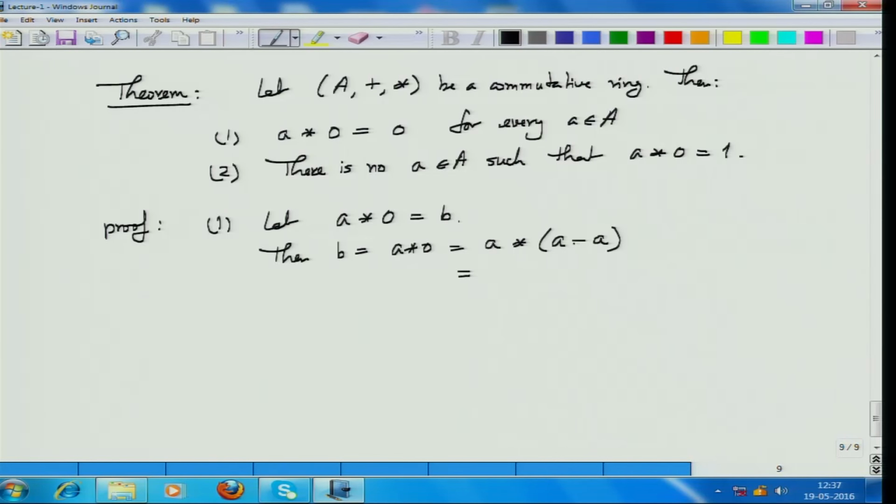Although I have written it here A minus A, it's really A plus minus of A. So, I can distribute this multiplication. So, that is A times A plus A times minus A.